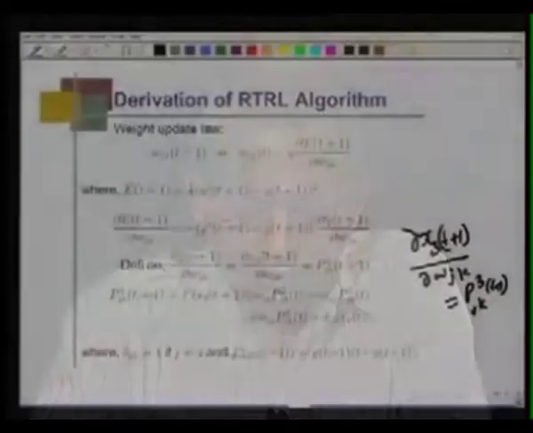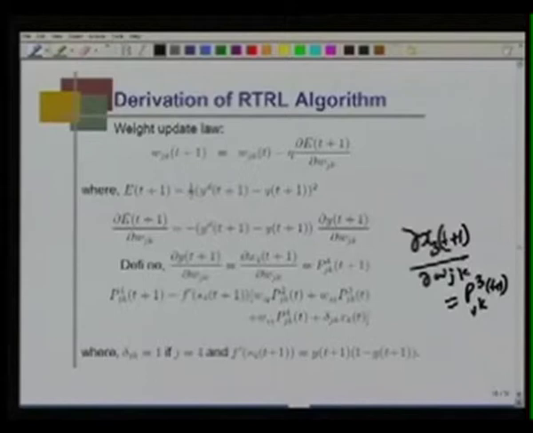Similarly, if you go on computing del y at t plus 1 upon del w_jk, you differentiate y at t plus 1 with respect to s4 at t plus 1, because this is a function of s4 at t plus 1, and then differentiate s4 at t plus 1 with respect to w_jk.